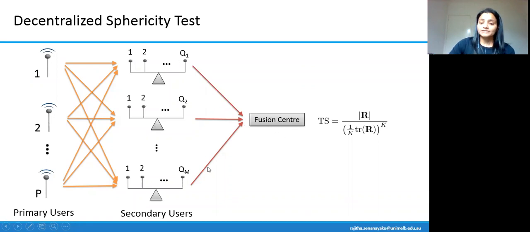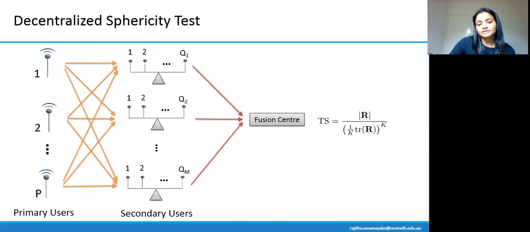So that was a centralized approach because we wanted to calculate this test statistic to make a decision about the presence or absence of primary users. But in order to calculate this test statistic, basically the determinant of the R matrix, I need all the information received at the secondary user terminals. So all the raw data needed to be sent up to the fusion center. But the problem is it creates a lot of network overhead.